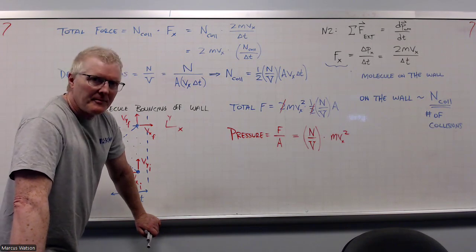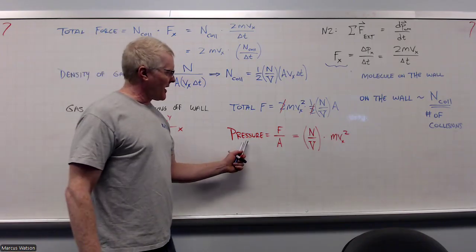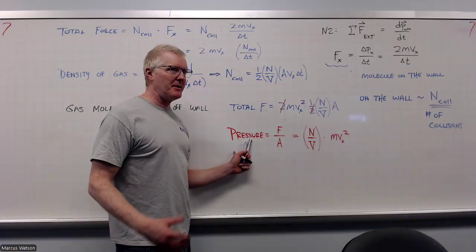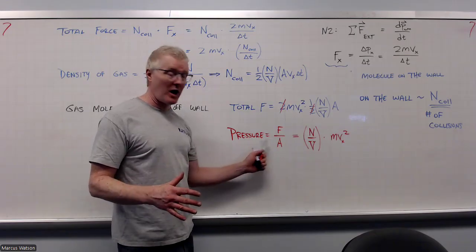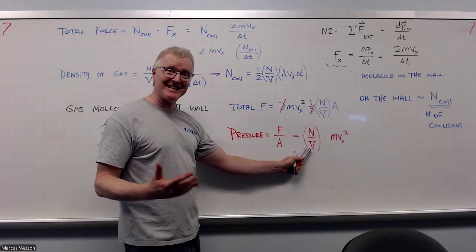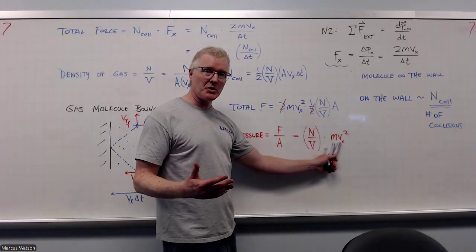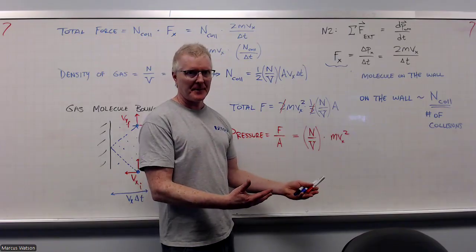And that kind of makes a reasonable amount of sense, yeah? In other words, a gas has a bigger ability to exert pressure if there's a lot more of it, right? In other words, the density of the gas is larger, and also mVx squared here is very similar to a kinetic energy, okay?